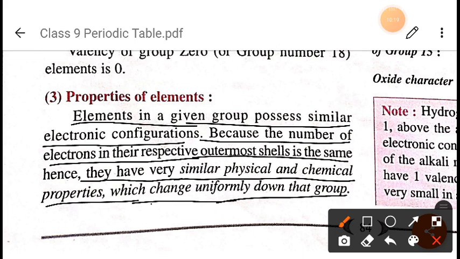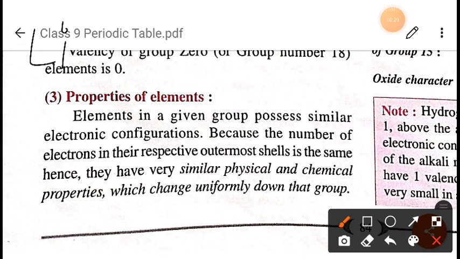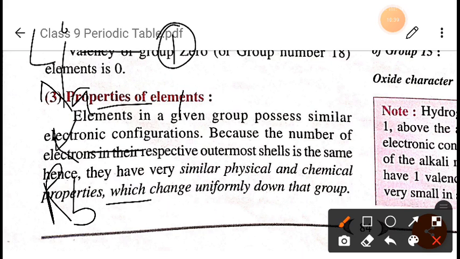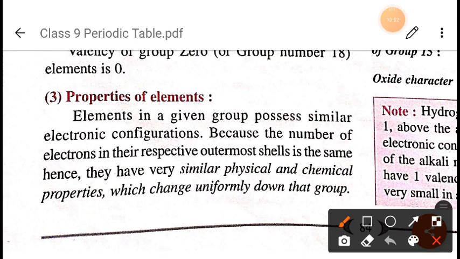What he wants to say here is that if we are moving from lithium, sodium, potassium, rubidium, cesium and francium, you will see that the number of electrons present in the outermost shell is 1, right? So since the number of electrons in the outermost shell is 1, they will possess very similar physical and chemical properties, which will change uniformly down the group, right?